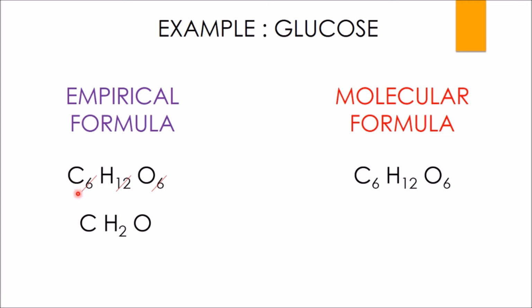What I have done here is I have just simplified this whole molecular formula, and when we find out the simple ratio of the atoms in the molecule, that is your empirical formula. So CH2O is the empirical formula because it is not giving you the exact number of atoms, it is giving you a simplified number of atoms, whereas the molecular formula gives you the exact number of atoms in the formula.